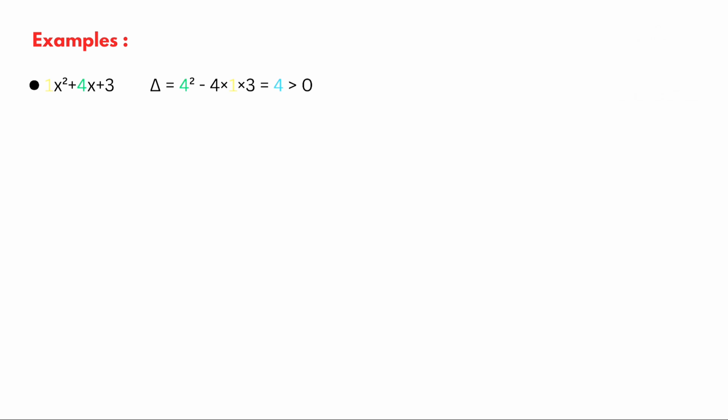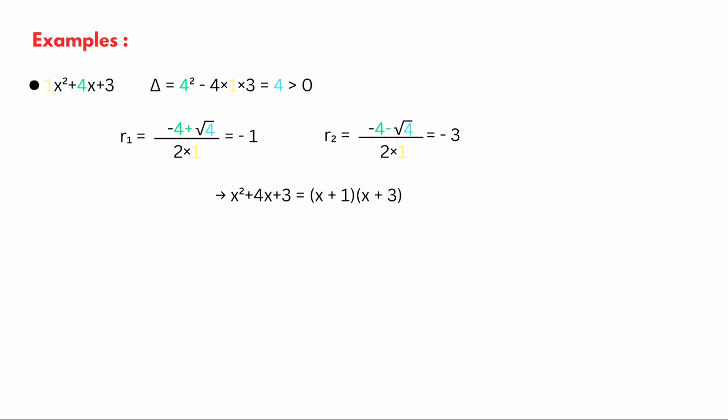Delta is 4 squared minus 4 times 1 times 3, which is 4, greater than 0. r1 and r2 are equal to minus 4 plus or minus the square root of 4 all over 2. So the roots are minus 1 and minus 3. The factorization is (x plus 1) times (x plus 3).